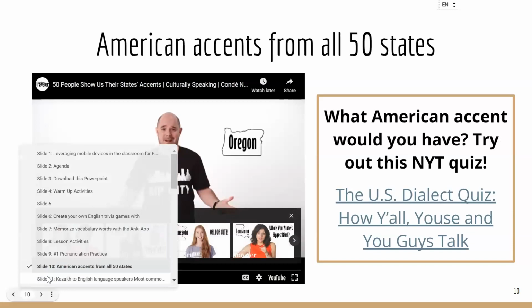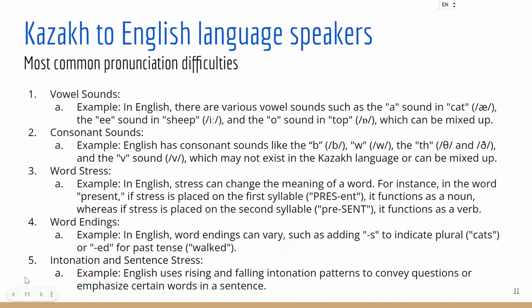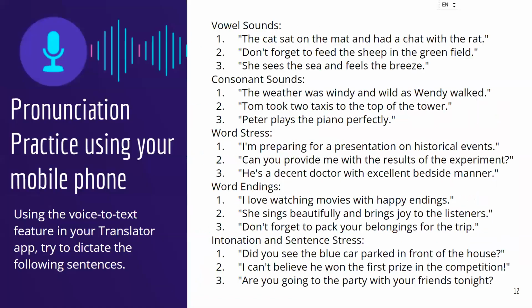Let's move on. All right, so when you get into pronunciation practice, there are specific challenges when you are a Kazakh to English speaker and a Russian to English speaker. There are different sentences that you can practice saying to specifically target those challenges.